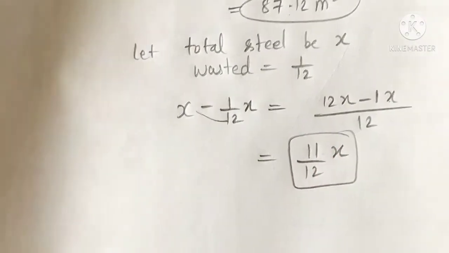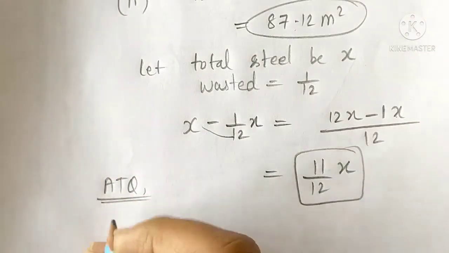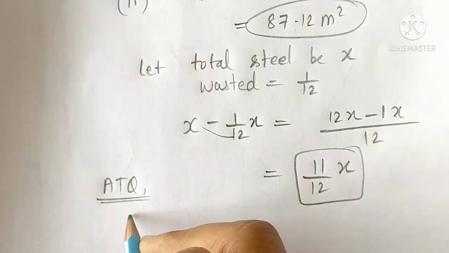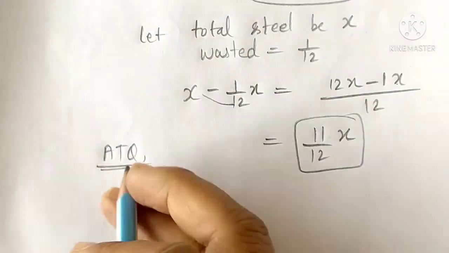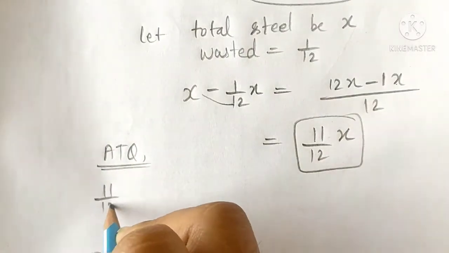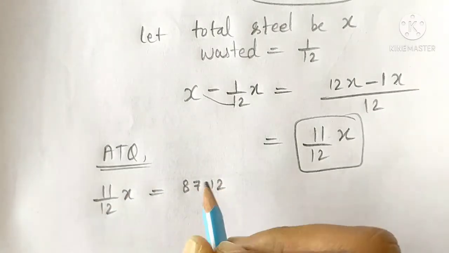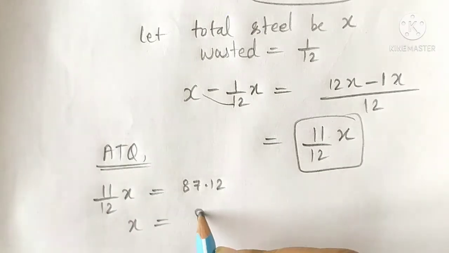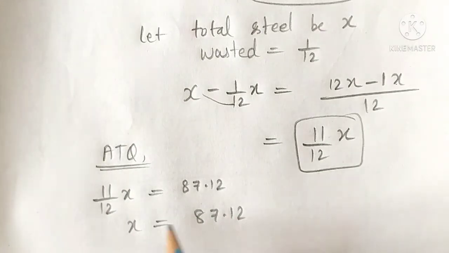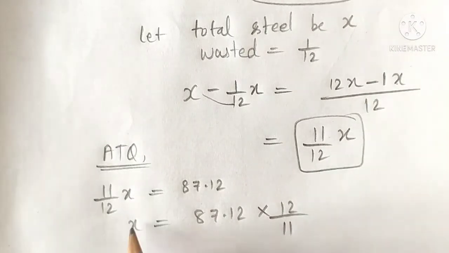Now according to the question, TSA we have just found is 87.12 meter square. This much is used. So we can say 11 upon 12 of X equals 87.12, because this much TSA we have found. Using this we find X: 87.12, 12 will go upside, 11 will come downside, X will remain here.